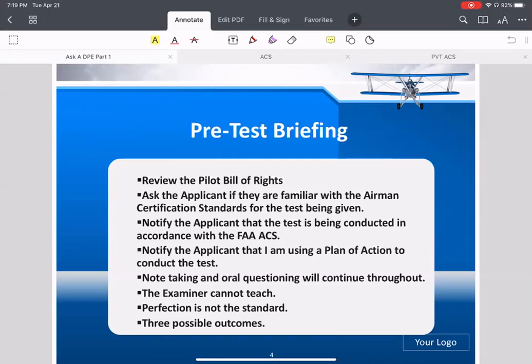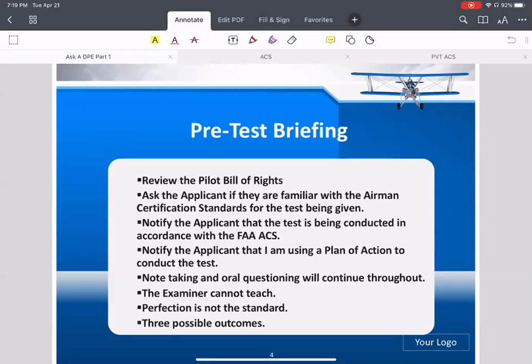There are a couple places where we have options to do a maneuver. For example, in the private, we can do one of the three ground reference maneuvers. So we can select to do turns about a point, or rectangular course, or S-turns across the road. And we just have that written in our plan of action, which one we're choosing that day, because it also kind of becomes a record of what we did on the flight test.